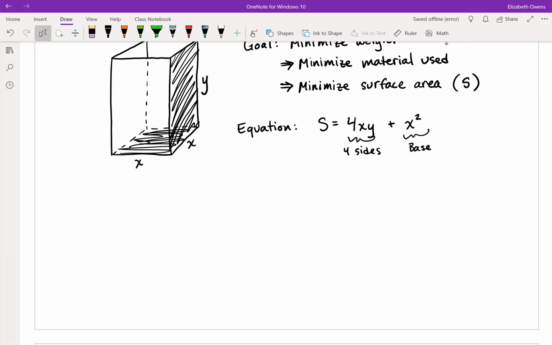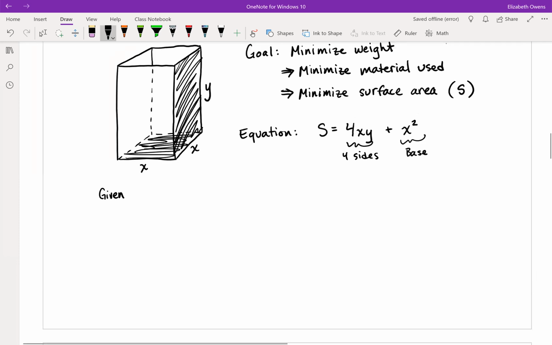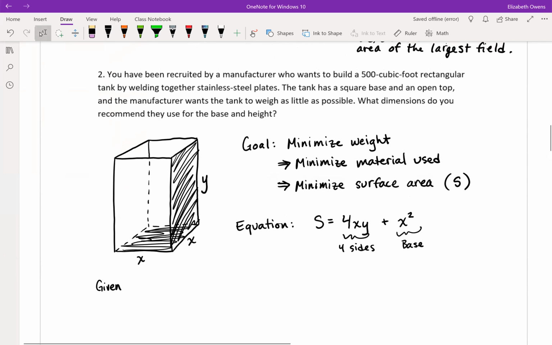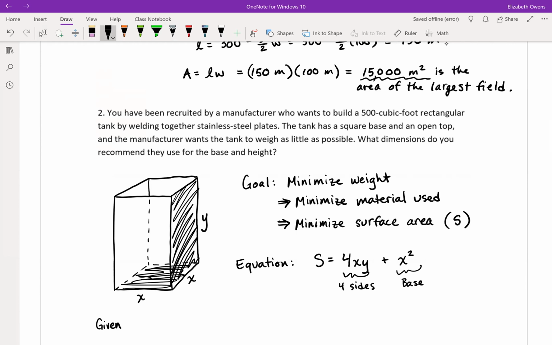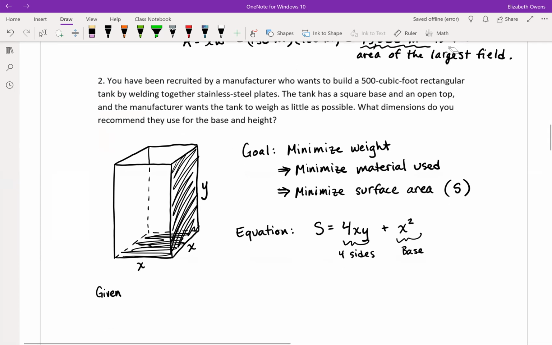Okay, so let's see what other information we're given here. All right, you have been recruited by a manufacturer who wants to build a 500 cubic foot rectangular tank. We haven't used that number yet, and that's exactly what we're going to need to use. That 500 cubic feet right there is our given information for the volume of this tank.